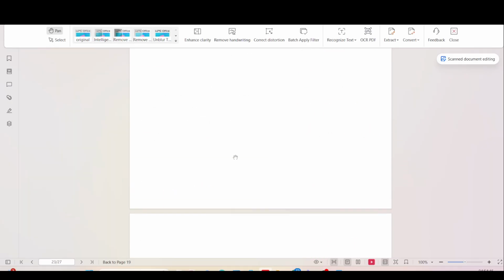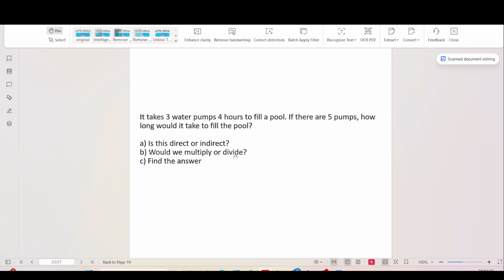Okay, let's do this one, last one. It takes 3 water pumps 4 hours to fill a pool.